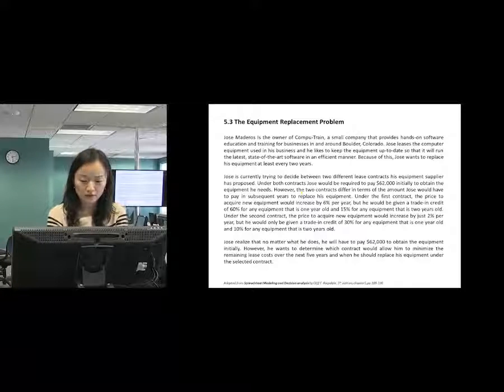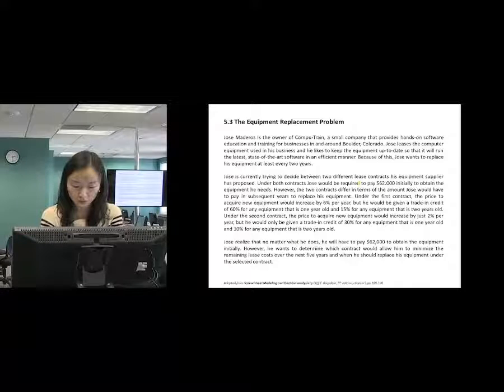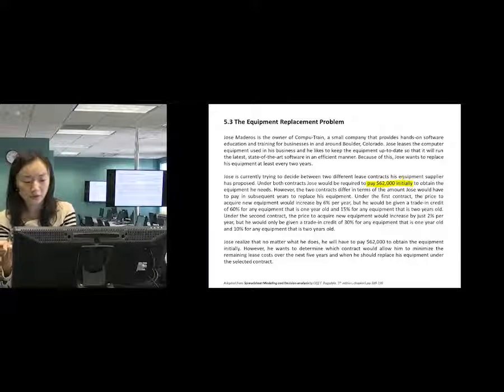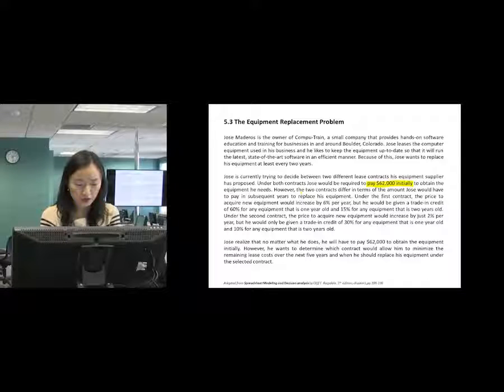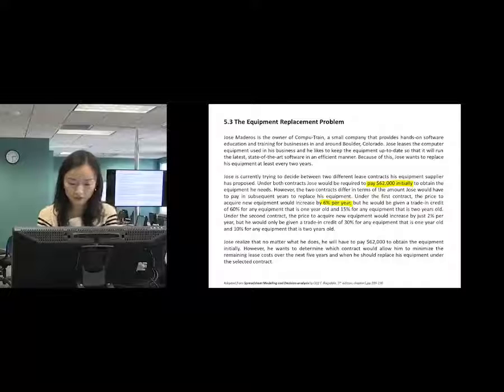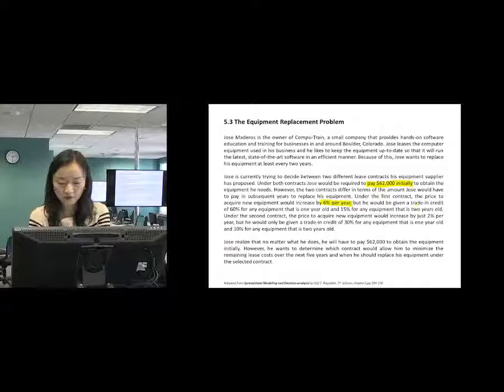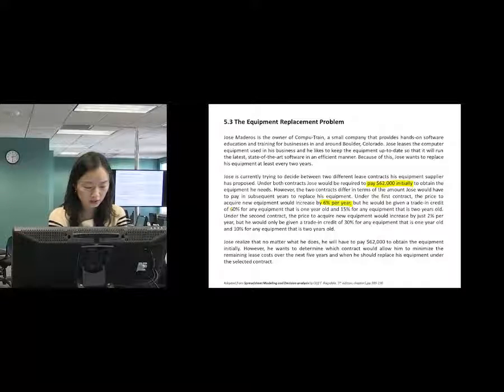Both contracts require him to pay the initial cost to buy this new equipment. Let's just look at the first contract. The price to acquire a new equipment will increase by 6% per year, but he would be given a trade-in credit of 60% for any equipment that is 1 year old.